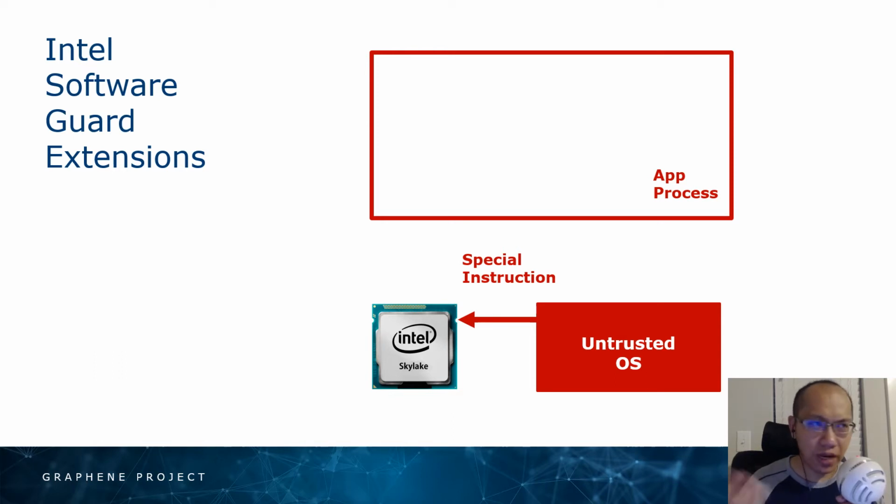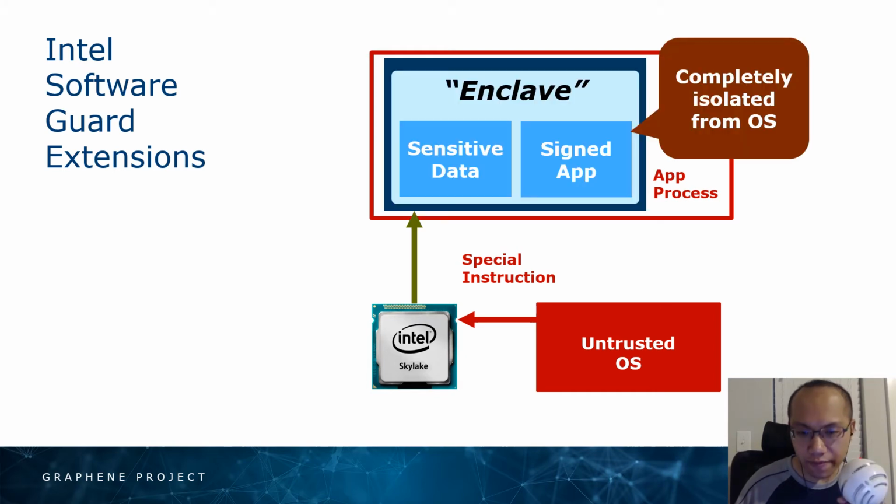So let's say you have 8th generation or 9th generation i5, i7, or E3 CPUs, then it's likely you already have these features. Using these special instructions provided by Intel SGX, an untrusted operating system could interact with the Intel CPU to create a special environment inside the application process. This environment, we call it an enclave.